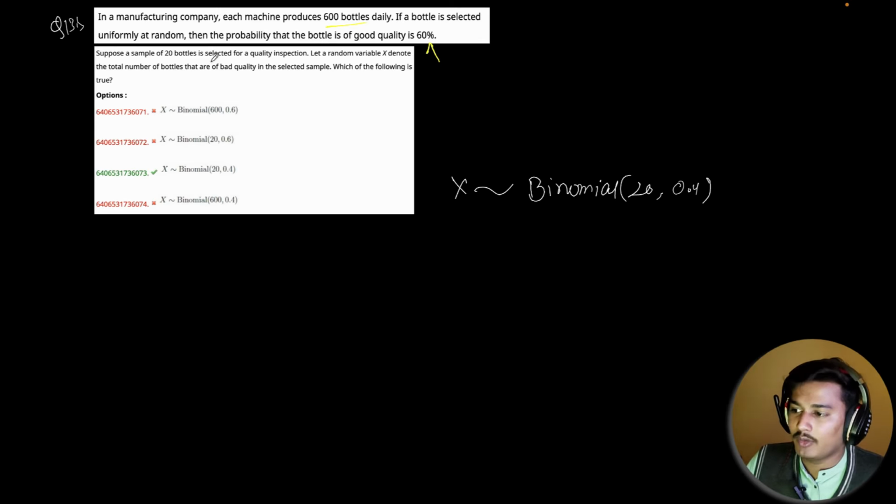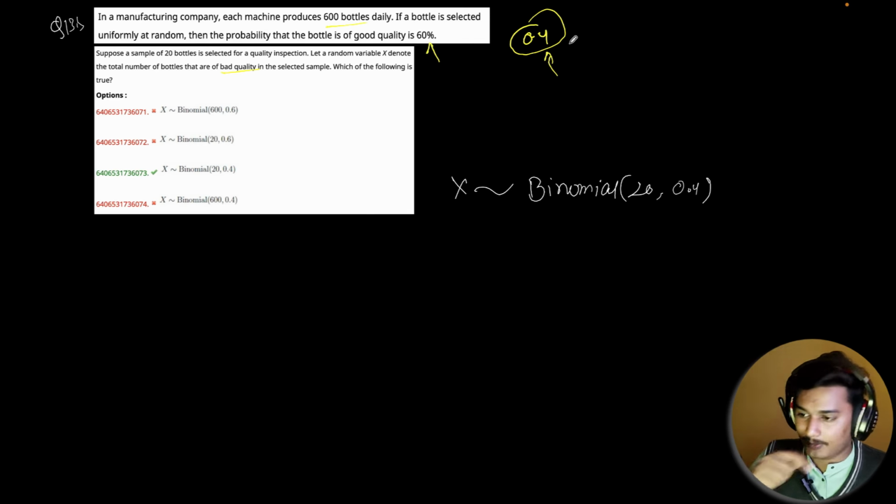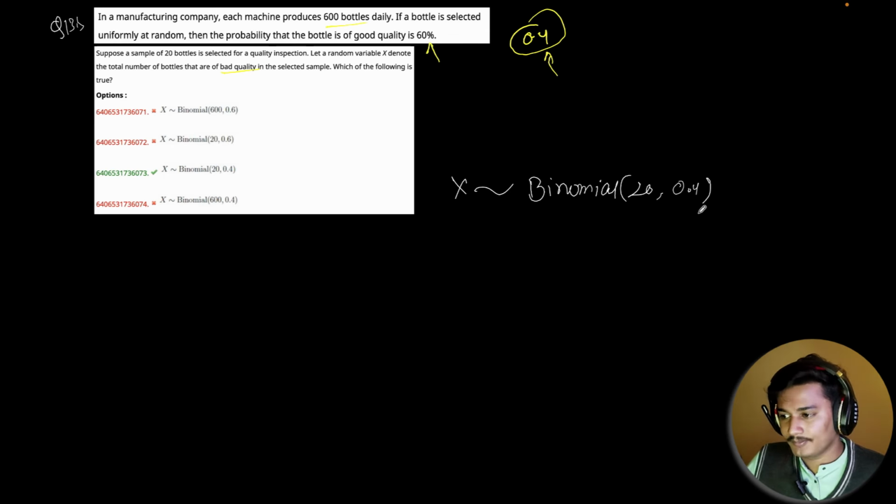Suppose a sample of 20 bottles is selected for quality inspection, and let X denote the total number of bottles that are of bad quality, not good quality. Which of the following is true? So the probability of bad quality is 0.4. Selecting 20 and getting 0.4, it is nothing but binomial 20, 0.4. So this will be our main answer.